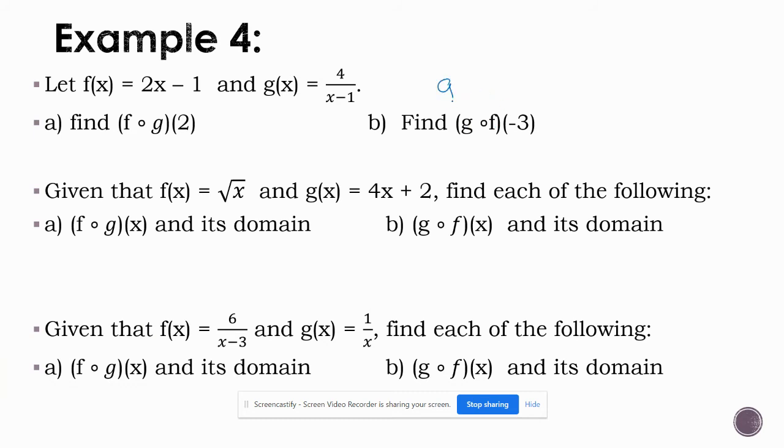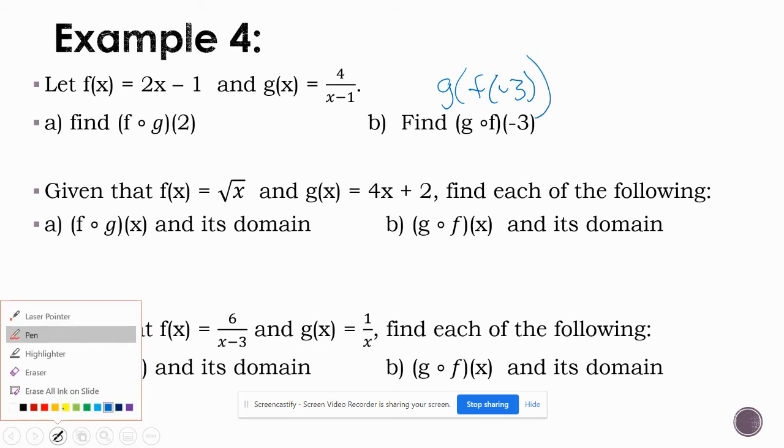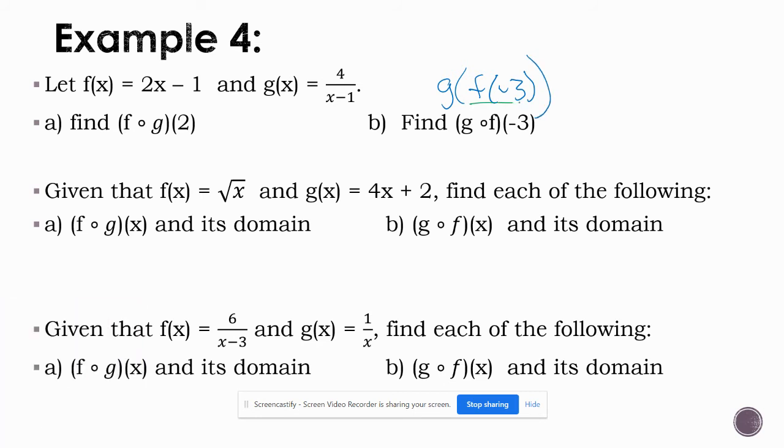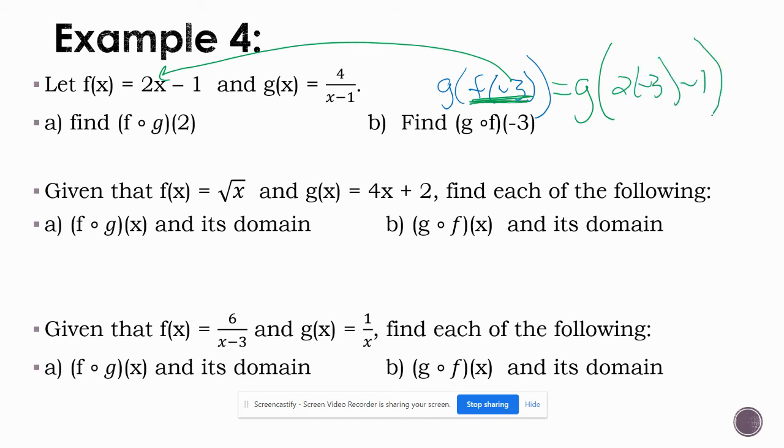g of f of negative 3. So again, working our way inside out, our inside says start with function f and plug in negative 3 for x. So that's g of 2 times negative 3 minus 1. Well, that's negative 6. Negative 6 minus 1 is negative 7.